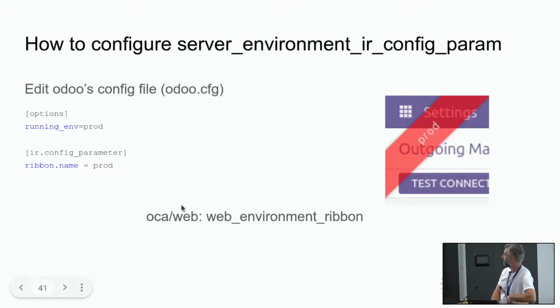For instance, with this one, server environment config parameters, this is the ribbon I talked about before. This module is really a live server. You have to install it, and you can install it in your production. And then you say nothing here: ribbon.name is an empty string, and you will not see the ribbon in production. But then, when you are in CI, you will just put CI or CI plus the date, and you will see from when your database is.